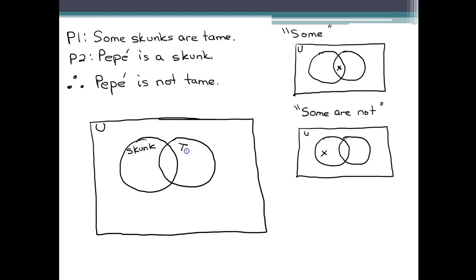And we're going to have a circle for things that are tame, animals that are tame, however you want to categorize tame. Some skunks are tame. So right here, some of those skunks that are tame are found in this overlap. There are some skunks that aren't tame, and they're going to be out here. And there are other things that aren't skunks that are tame that are over here.